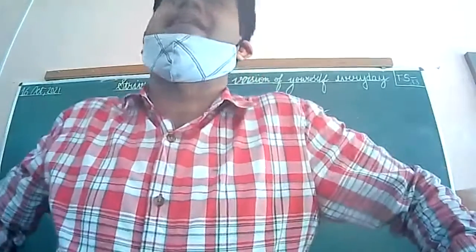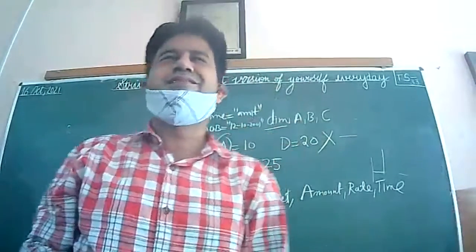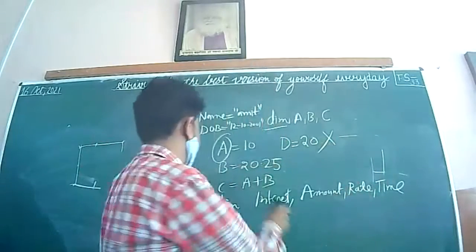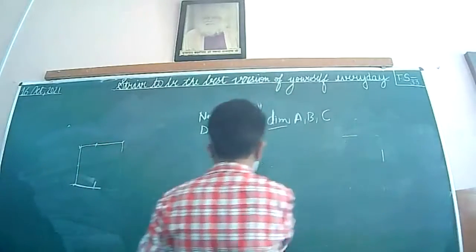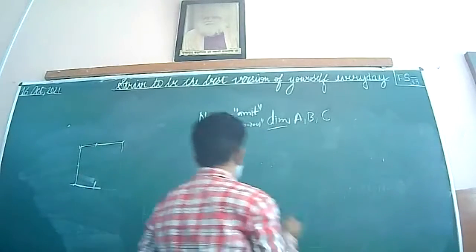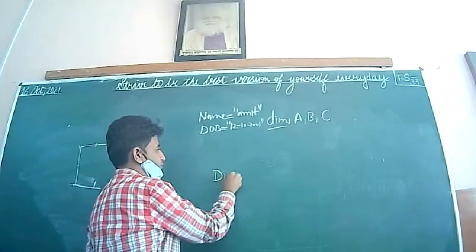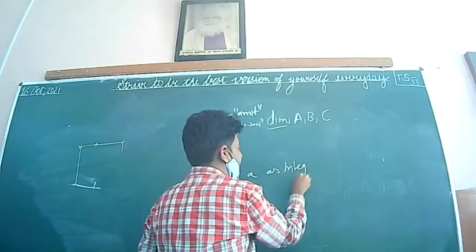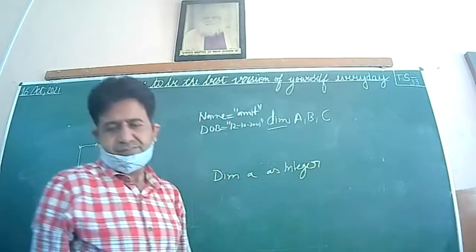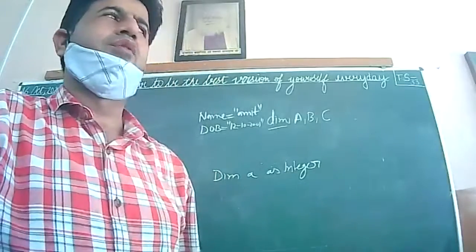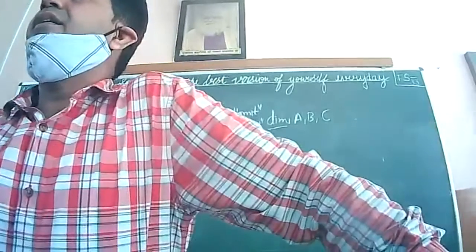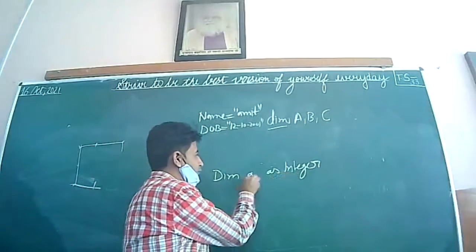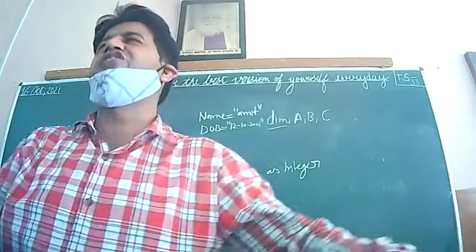Now how do we give the data type? Here I am going to discuss how to give the data type. Dim A as integer or Int. So here A as integer means the data type of A is integer.